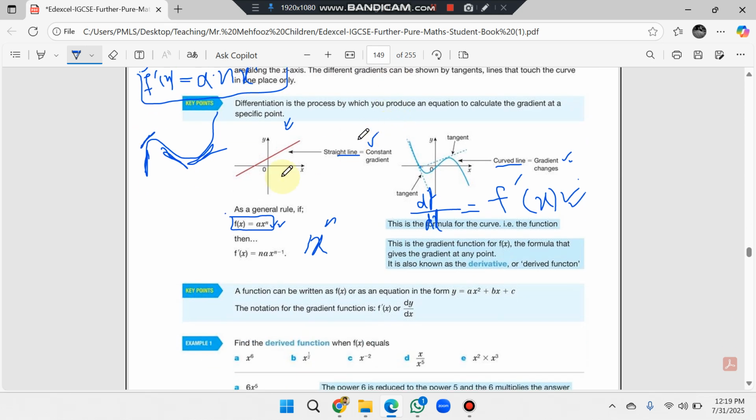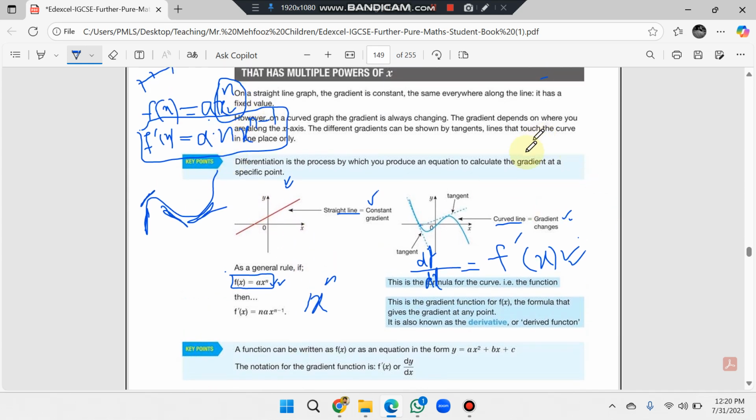Yes. Again, if we don't have any a, it means that our function is just x raised to the power n, so to calculate the derivative, its power goes to the start and then x raised to the power one less, so x raised to the power n minus 1. This is your derivative.